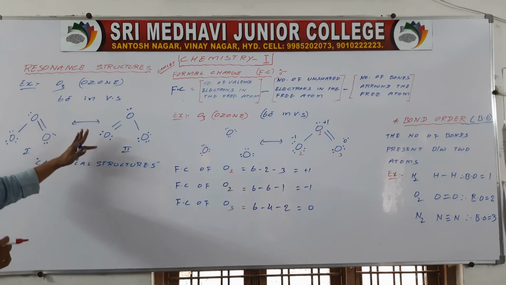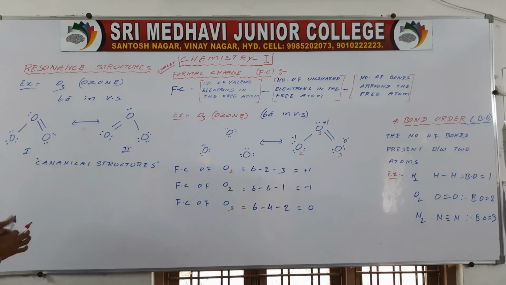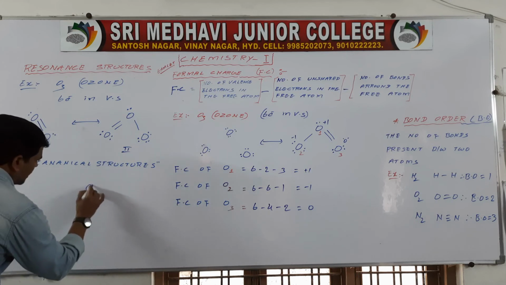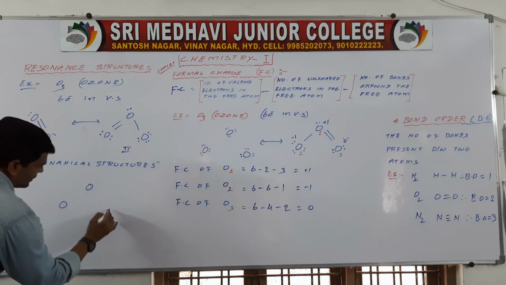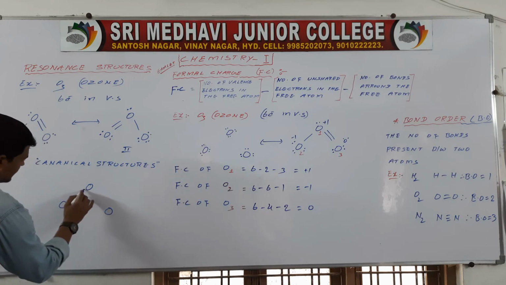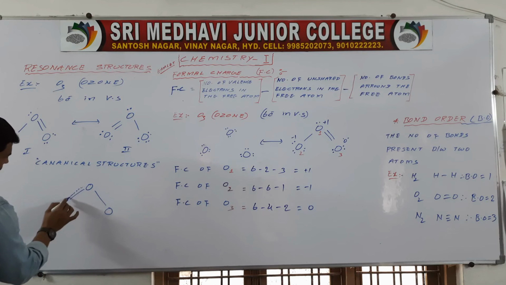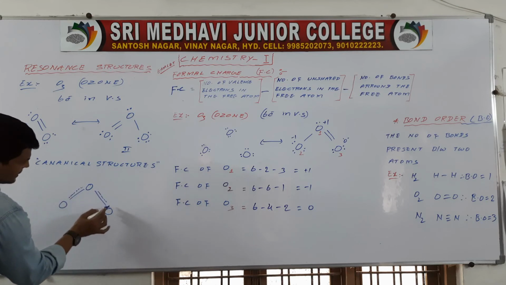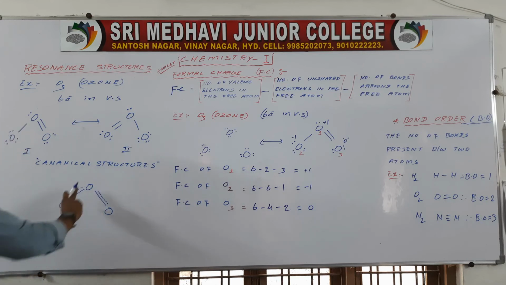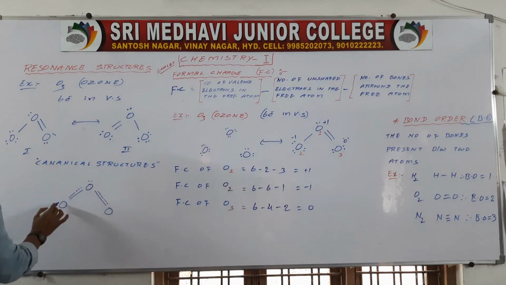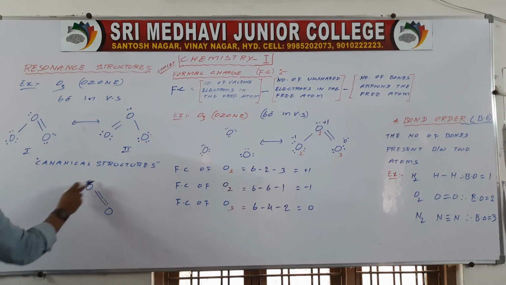So by observing these two, I am giving one more structure. Oxygen and oxygen. Here single bond, here single bond. The double bond I am implementing like this with dotted lines. Here it has 1 2, 1 2, and this is the way we may represent it.